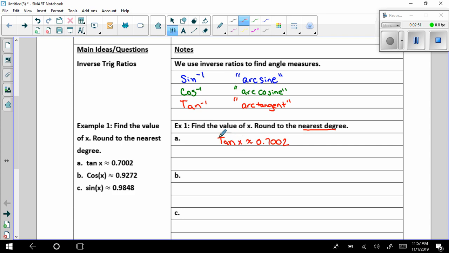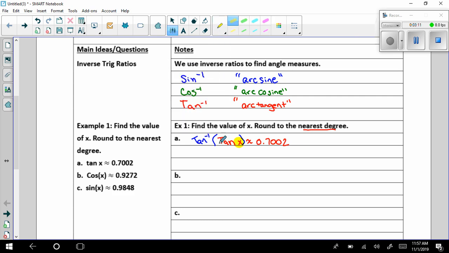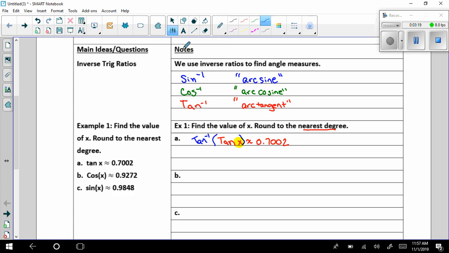So remember I said the tangent and the x are hooked together. So what we need to do, though, is then cancel out our tangent. Well, the inverse operation to tangent is tangent -1. This x does not come off of this tangent until you take the inverse tangent.